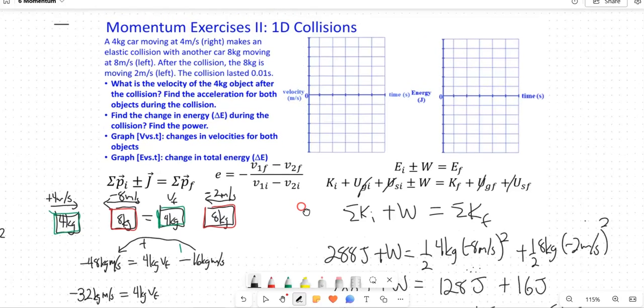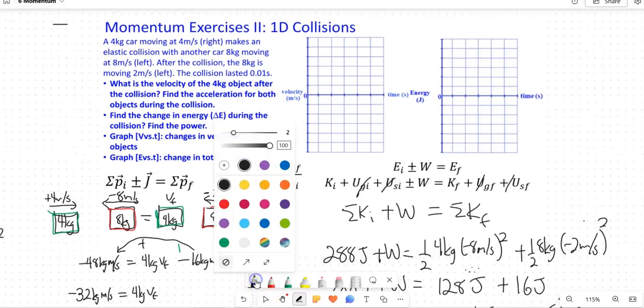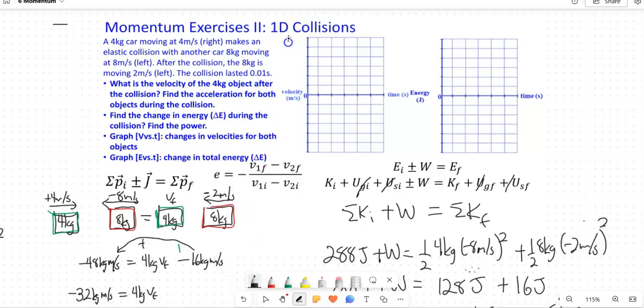Okay, let's go ahead and plot our velocities. So this is 12, this is -12, 0.01 seconds, just like it always is. Our starting velocity for our 4 kilogram object, I'll do that here first, is right here.